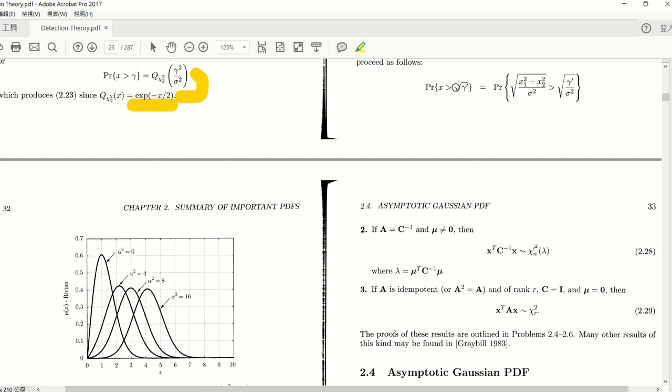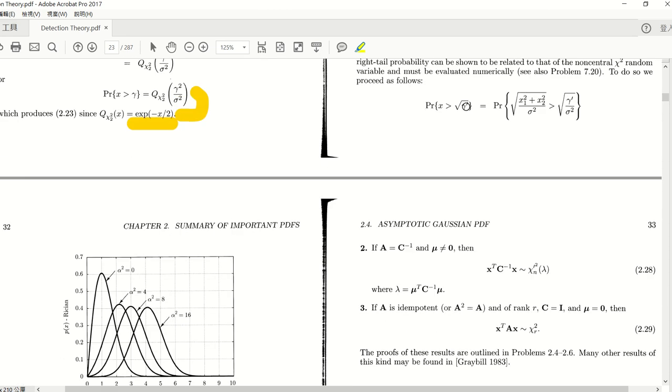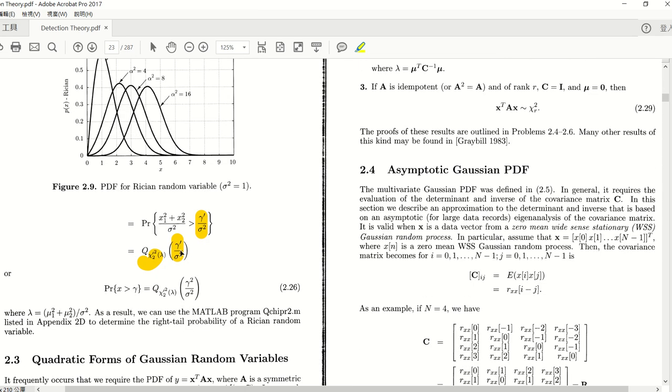Let's look. You have the square root of this. Now we don't have a square root, so if you have a square root, it goes to order 1, gamma prime to order 1, and now we have gamma, so it becomes order 2. So we have the probability of x larger than gamma equal to Q of this.